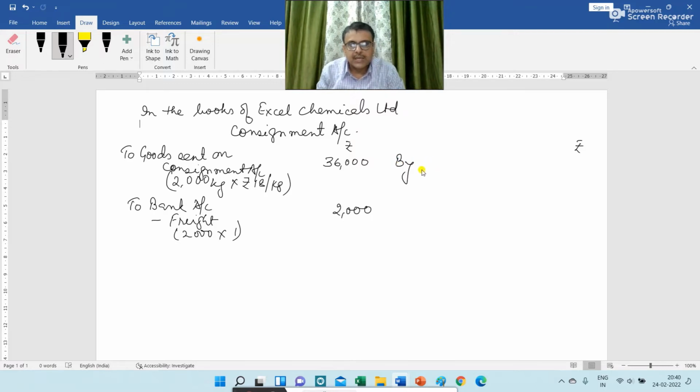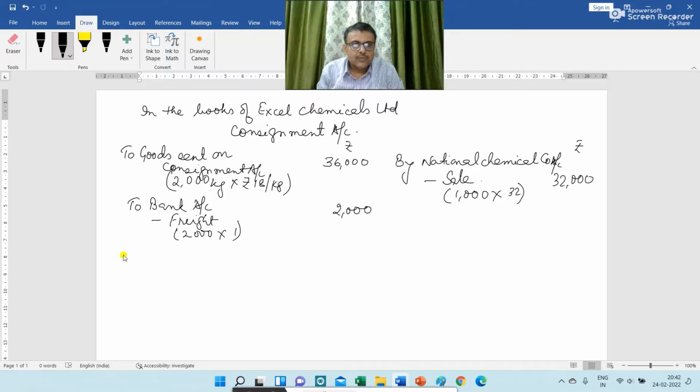So here I am writing on the credit side by consignee account, and the name of the consignee is National Chemical Company account. This is the amount of sale proceed. 1000 kg were sold at rupees 32 per kg. So 32,000 is the amount of sale proceed.